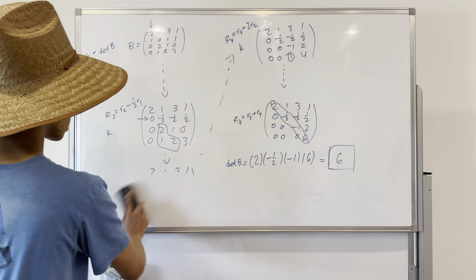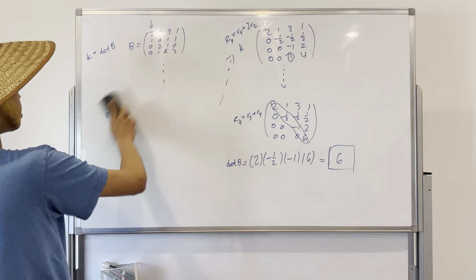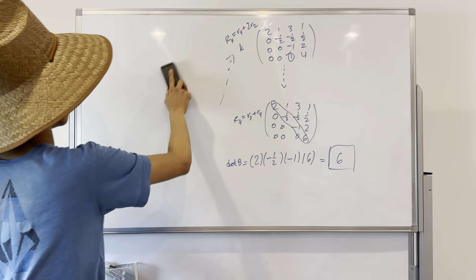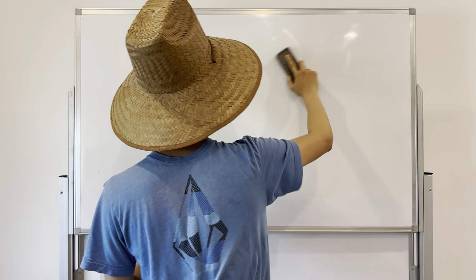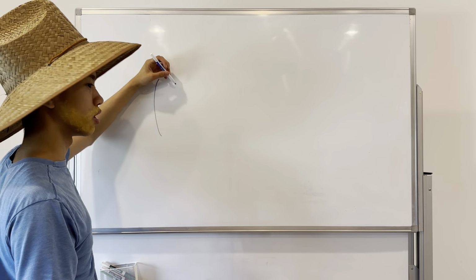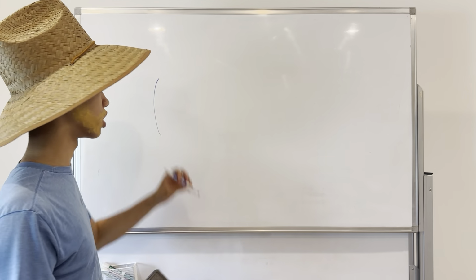Now, let me just cover a bit more theory, and then I'll end the video here. So, if you have, let me just give you a 3x3 matrix to make it simple.